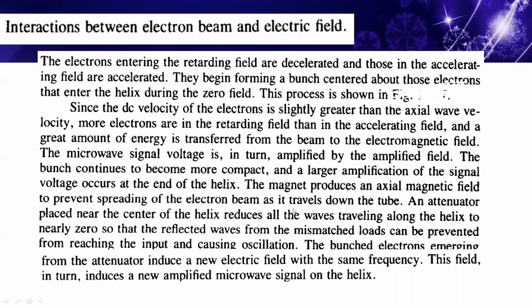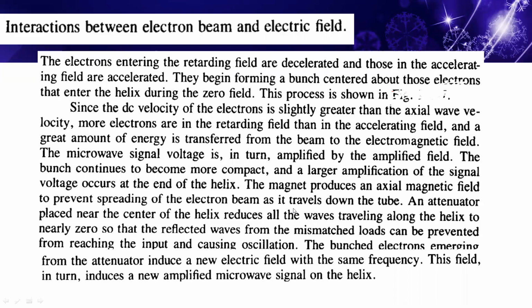Continue the mechanism. When electrons are in the accelerating electrical field, they experience accelerating forces. Similarly, when the electrons enter the retarding field, they get decelerated. This acceleration and deceleration forms a bunch of electrons.